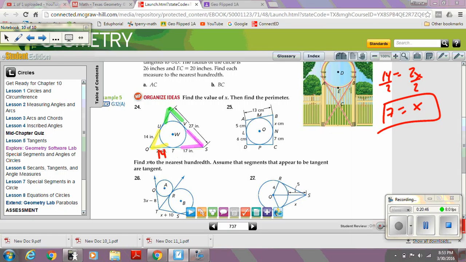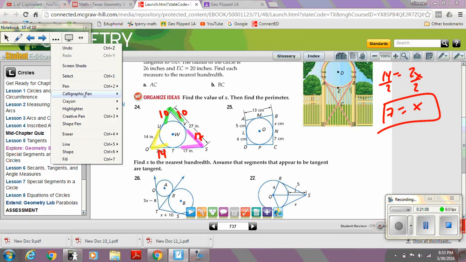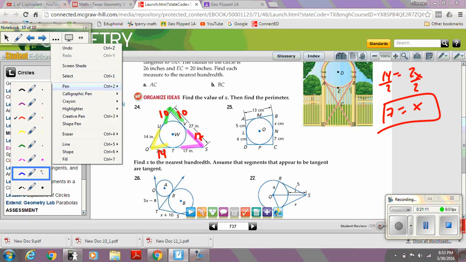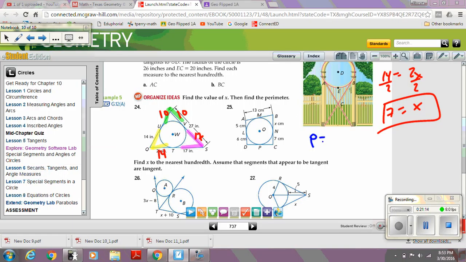And if that is 14, this portion would be 17. If the whole entire thing is 27, that means this green part is 10 and the other green part is 10. Now to find the perimeter, we add up all of the sides. So that would be 10 plus 10 plus 17 plus 17 plus 14 plus 14.